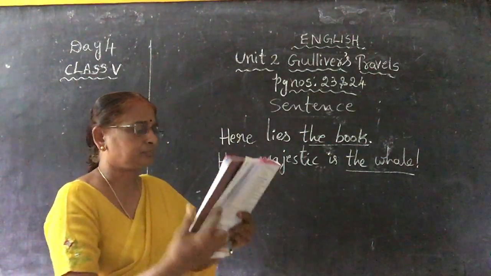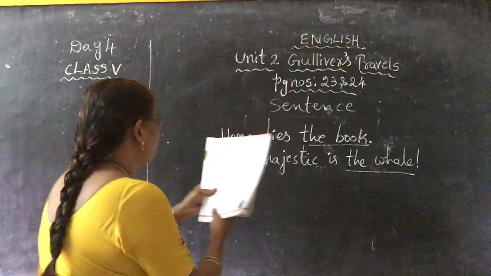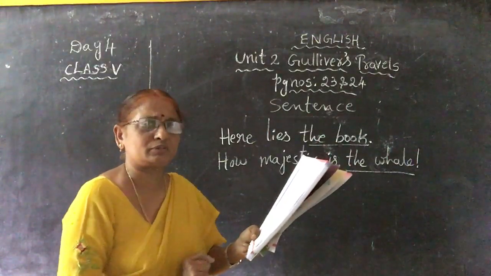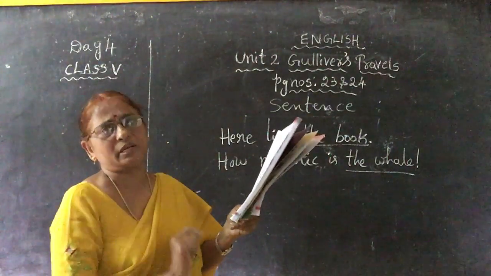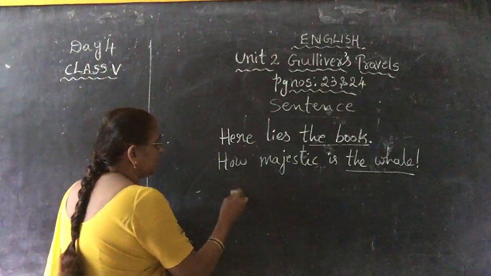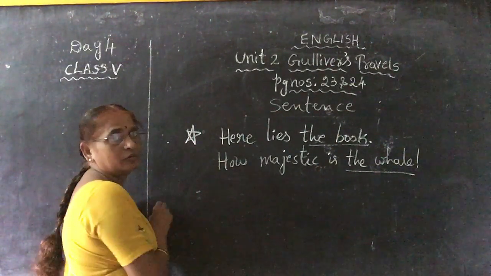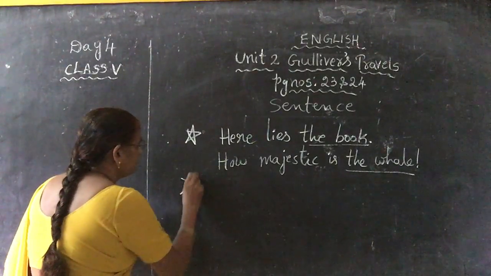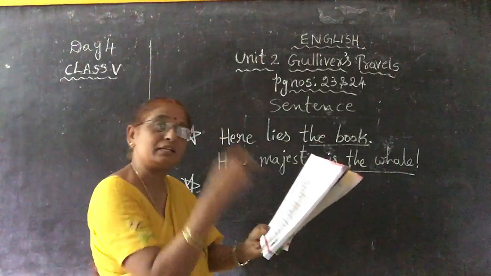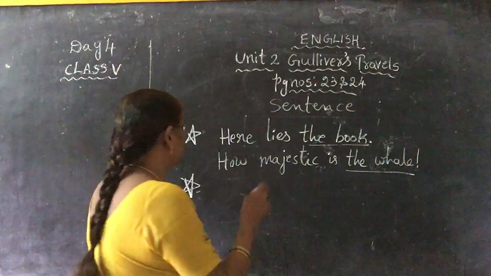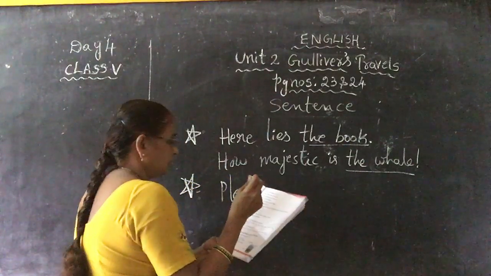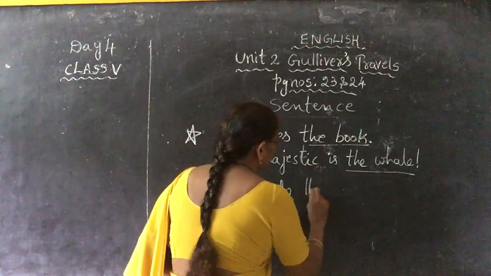Okay, next, one more thing. There are a few sentences where the subject is left out. In some sentences there is no subject at all. See the example: Please do the needful.